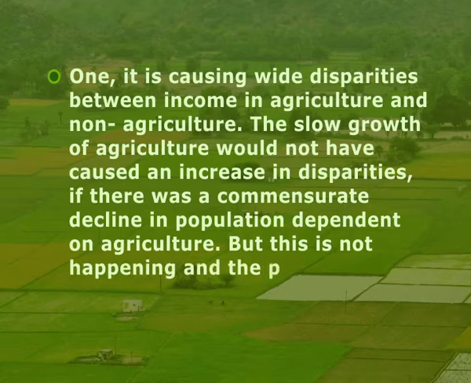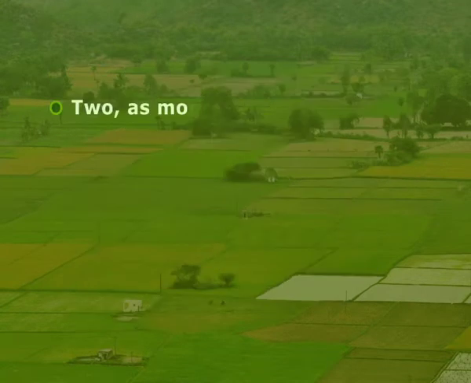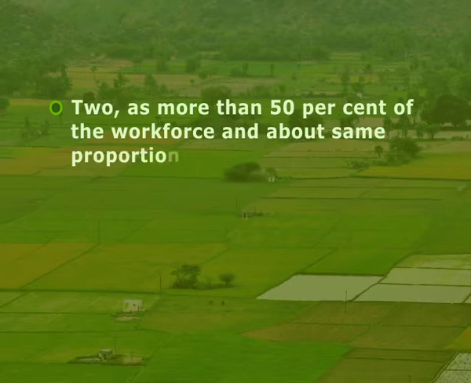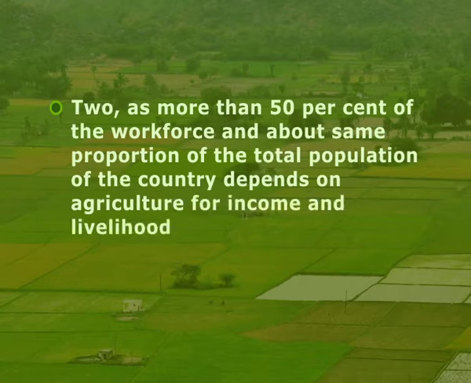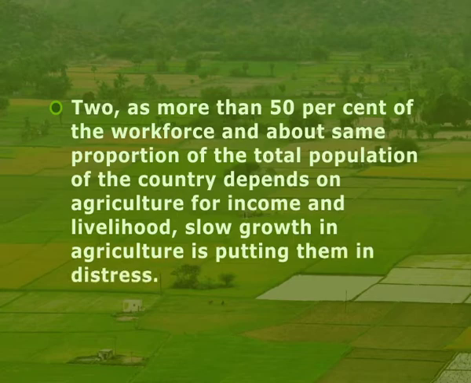But this is not happening, and the population dependent on agriculture is increasing. 2. As more than 50% of the workforce and about the same proportion of the total population of the country depends on agriculture for income and livelihood, slow growth in agriculture is putting them in distress.